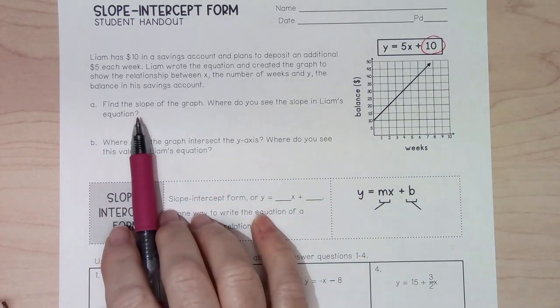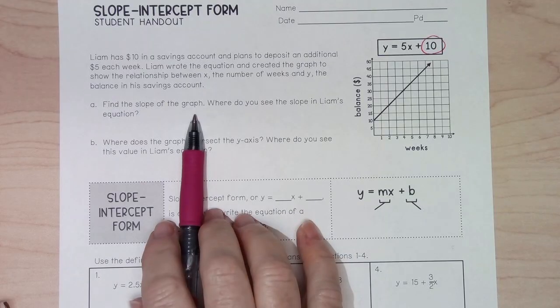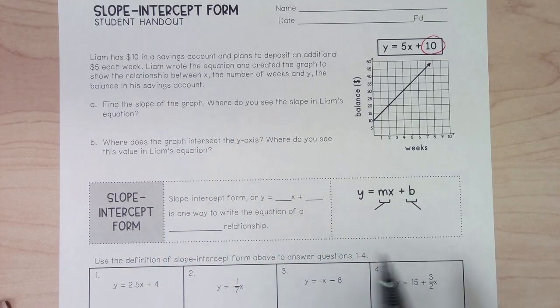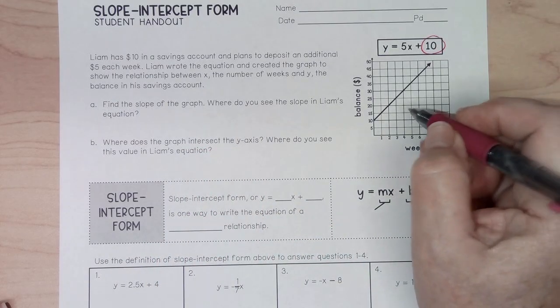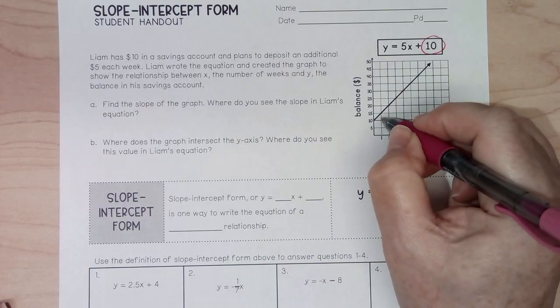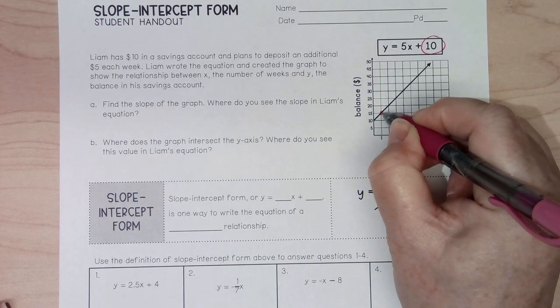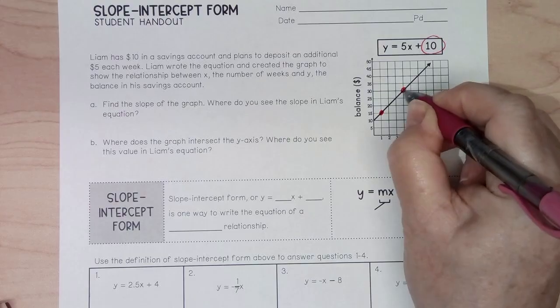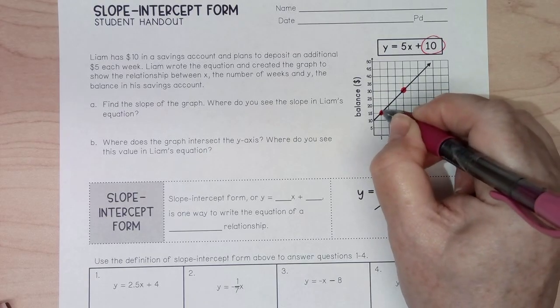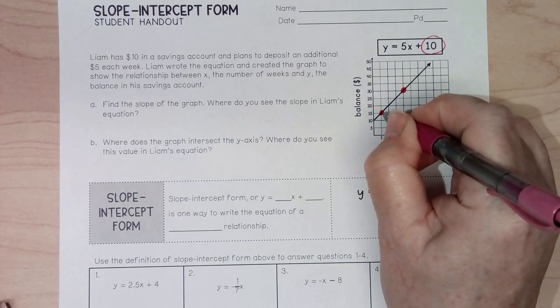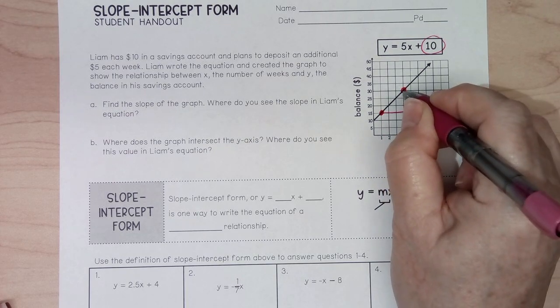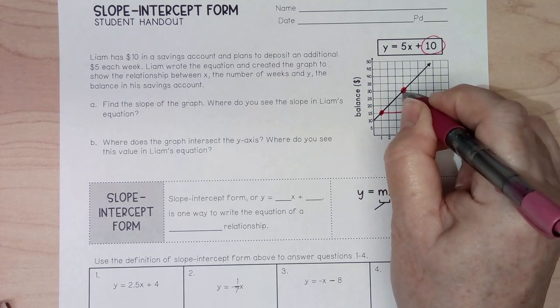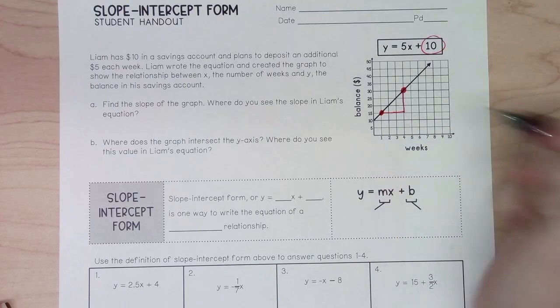So we are going to find the slope of the graph. So remember the other day, the previous lessons, we plotted 2 points to find the slope of a graph. I could put this point and this point. Then we draw our triangle.